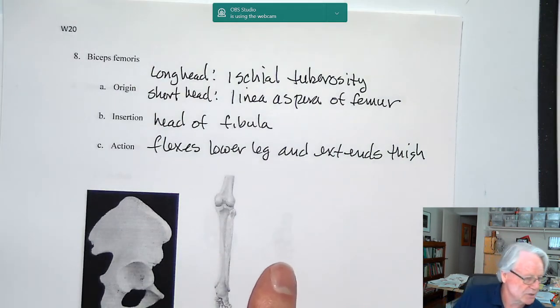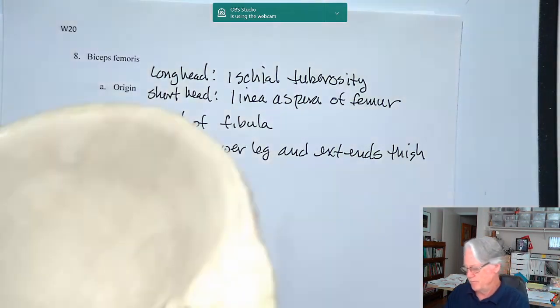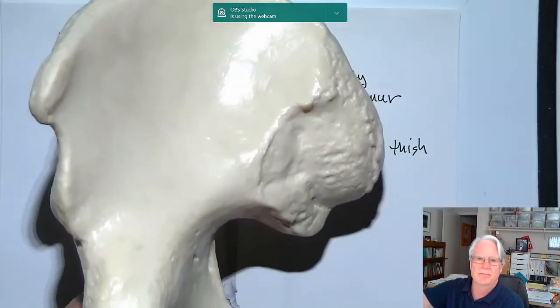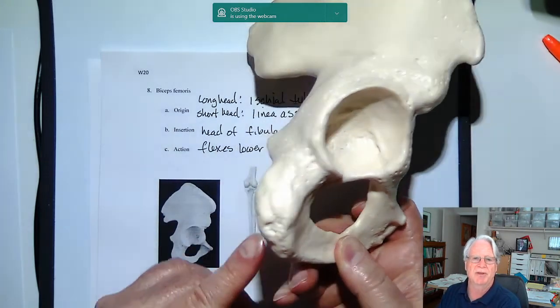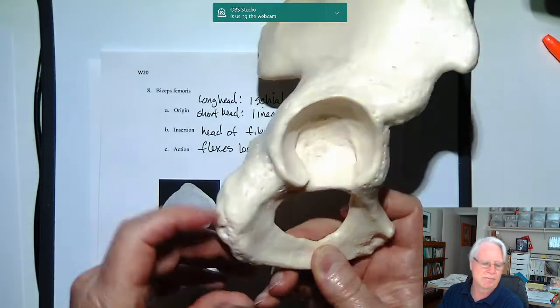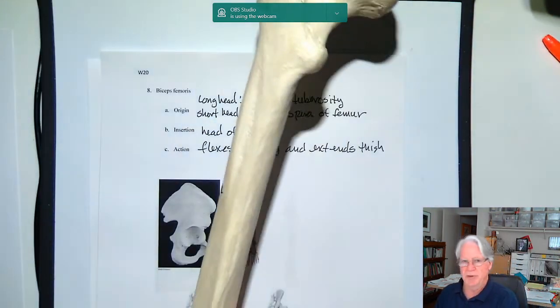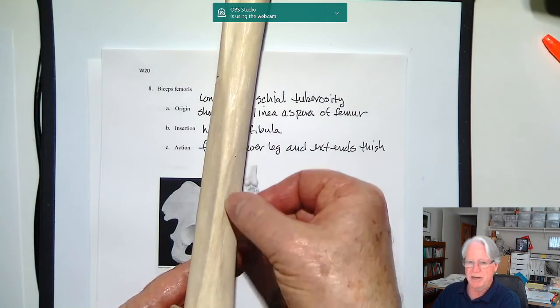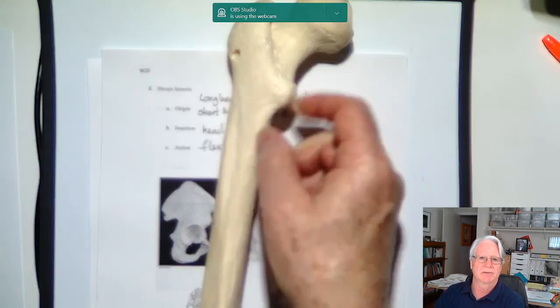All right, so let's go ahead with the ischial tuberosity. The ischial tuberosity is this lumpy part of the bone right here. That's my ischial tuberosity. And then we're going to have a thin line along the femur here.